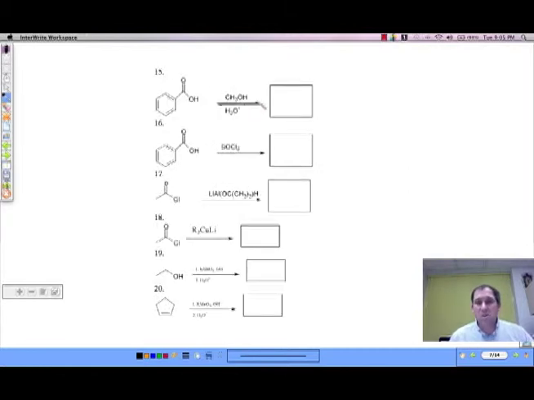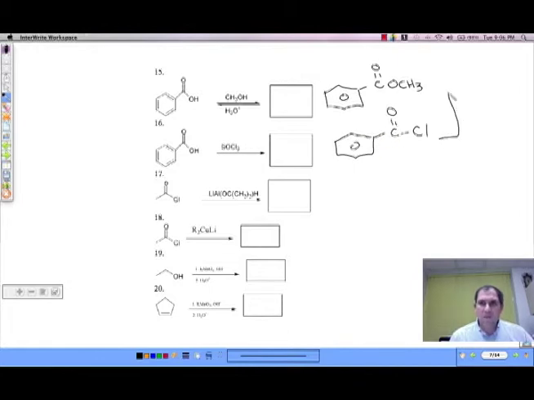Benzoic acid, this should look real familiar. We just did this in lab this week, right? C double bond O, O, CH3. This is Fischer esterification. We have the formation of the acid chloride, and we can get from the acid chloride up to the ester by just dumping in CH3OH.